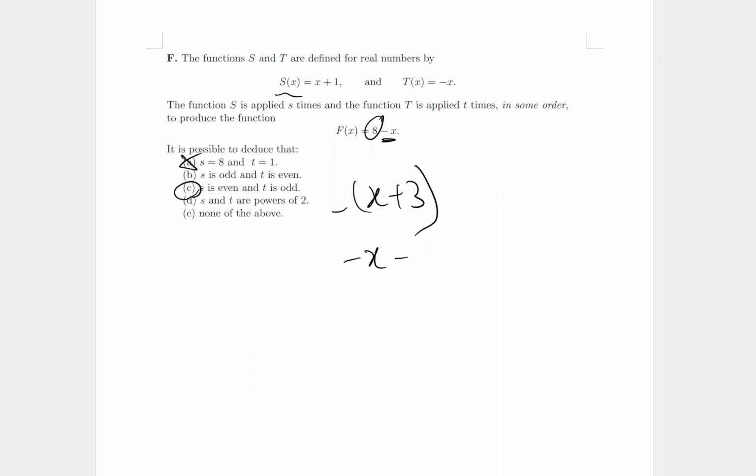Then oh no, this is minus x minus 3, and I have to go again. I have to plus 1 plus 1 plus 1 until I get to plus 8. That'll be a long journey again, on top of the 8 that I need.